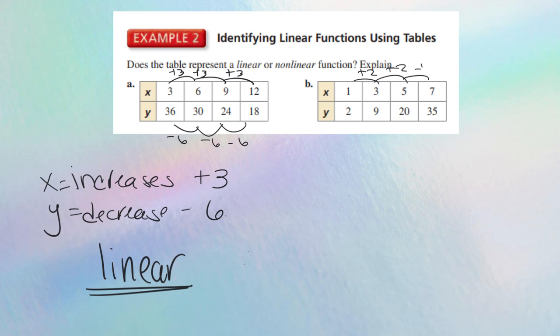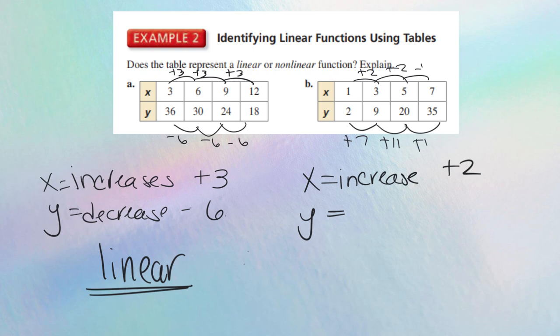It's going by 2, so that means my X is increasing by +2. What about my Y? What's happening in that first one? What does it increase by? +7. What about in the second one? So that is increasing by different amounts, right?